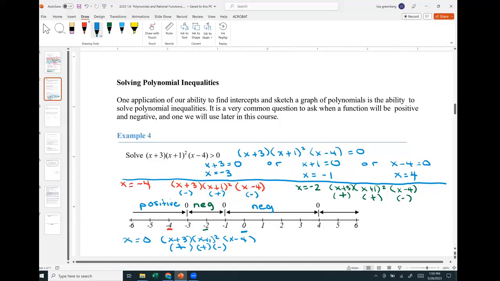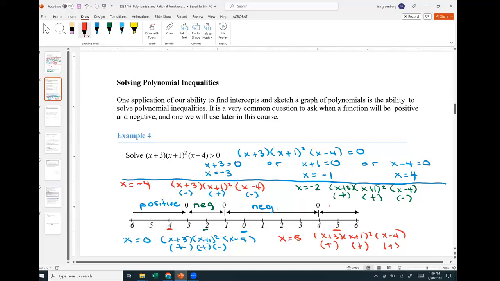And last, let's pick 5. So when x equals 5, x plus 3, x plus 1 squared, and x minus 4. Well, this is a positive. This is always positive. And now this is positive.